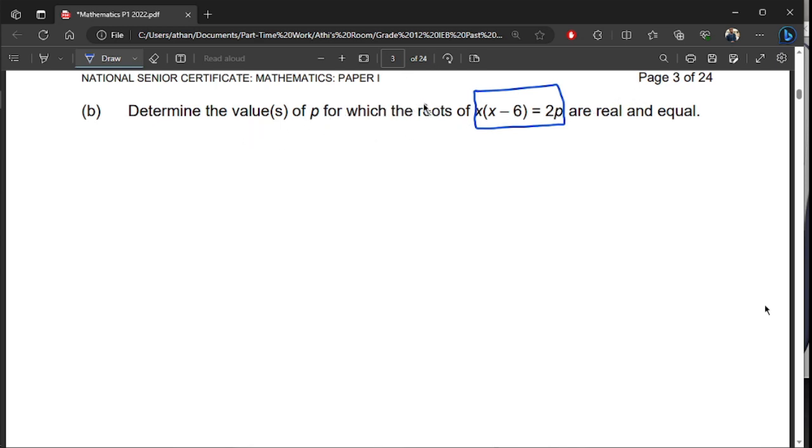Guys, when we talk about roots, this is just a terminology in maths, but what you must know is that when they talk about roots, we are talking about solutions, or rather answers. So the question is asking for the value or the values of p. That means we are solving for p, whereby the solutions of this equation are real and equal.